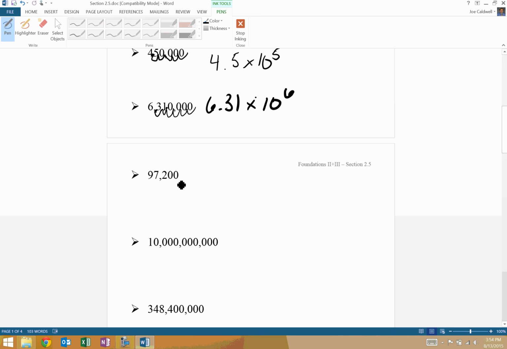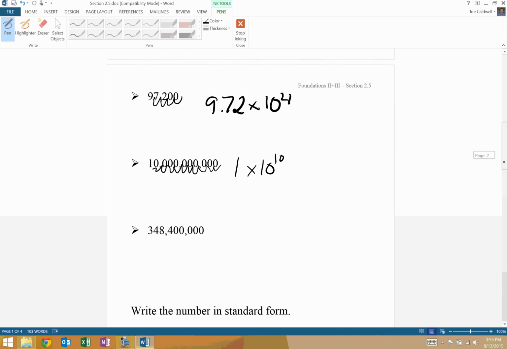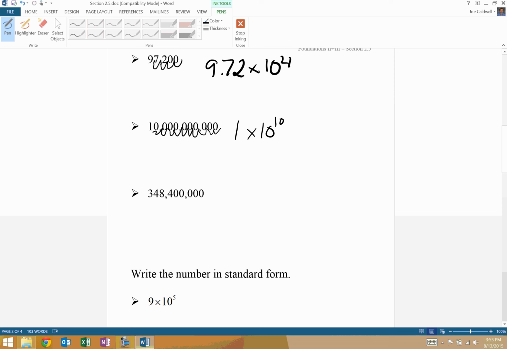Again, swooping over, 1, 2, 3, 4 swoops, include all non-zero numbers times 10 to the 4th. Okay? Figuring out the concept here. 1, 2, 3, 4, 5, 6, 7, 8, 9, 10, so 1 times 10 to the 10th. Get your number between 1 and 10, count the swoops. That's going to be your exponent, always times 10 to some exponent.